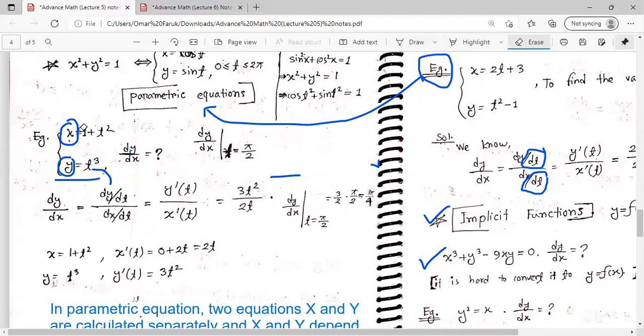And to solve a parametric equation, we just need to differentiate these two functions with respect to this common variable. Like you can see here, we divide by dt on both sides, upside and downside.